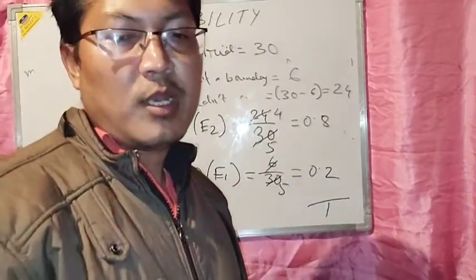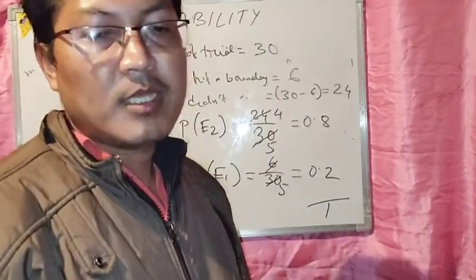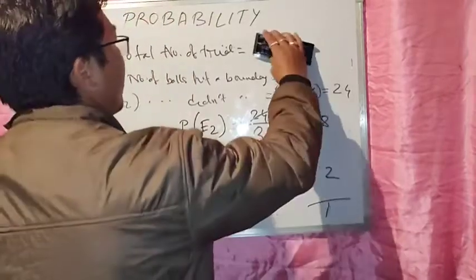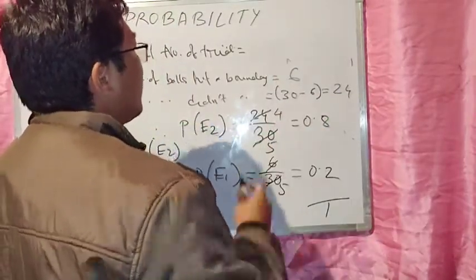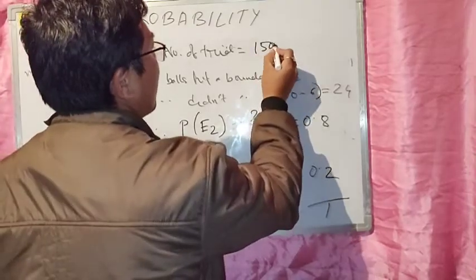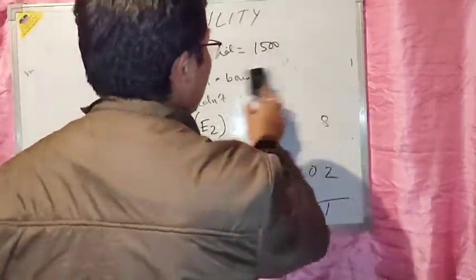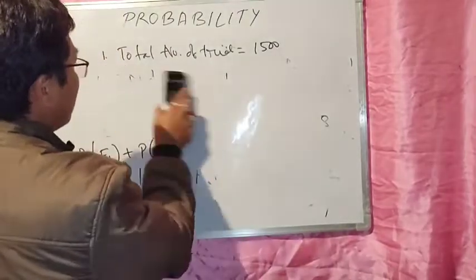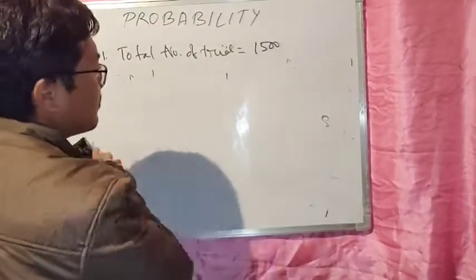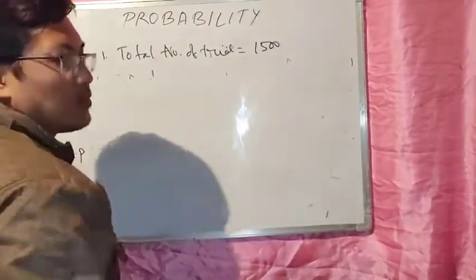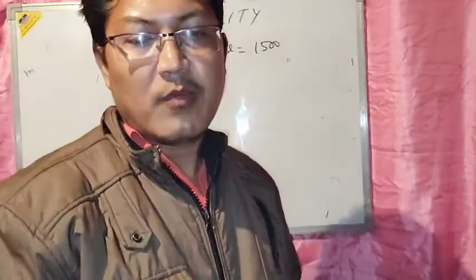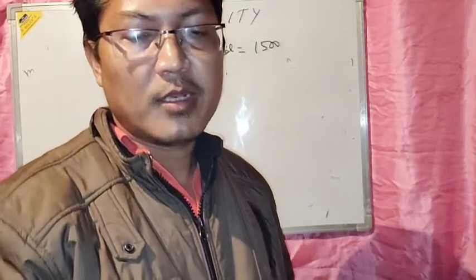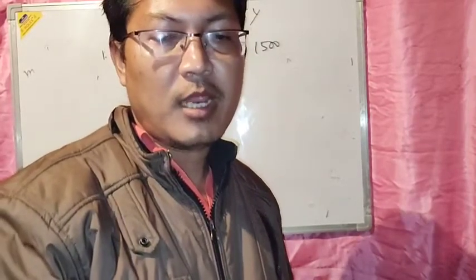The next question is about the total number of families. It is given 1500. That means the total number of trials will be 1500. In the question it is given: families with 2 girls 475, with 1 girl 814, and with no girl 211.